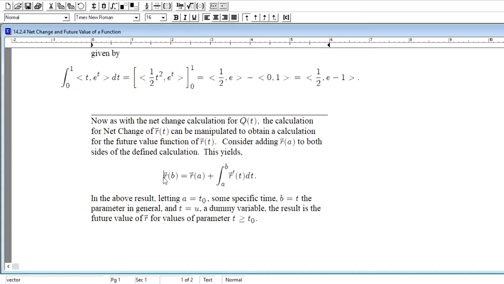You would end up with r bar of b equal to r bar of a plus that integral calculation we saw in the formula given above on the right-hand side. Well, if we consider this result for a moment, and consider for just notational purposes letting a equal t is 0, be some specific time of t, and letting b equal t.